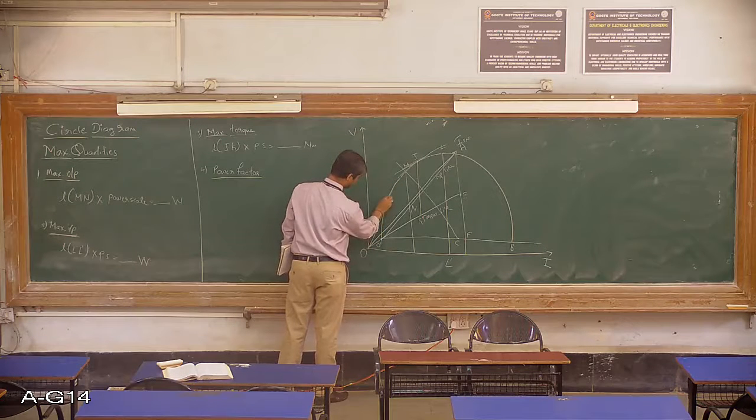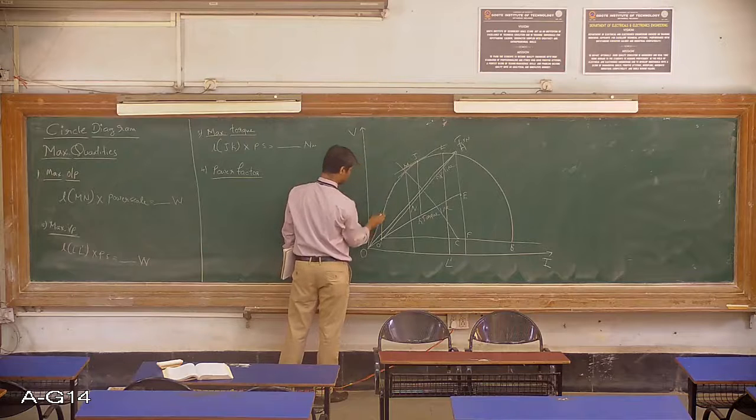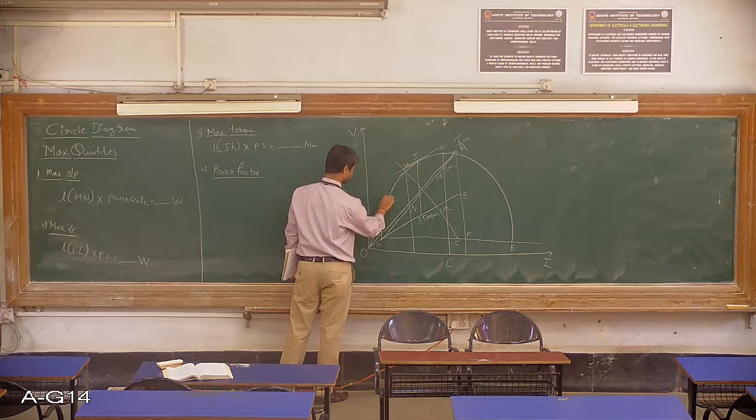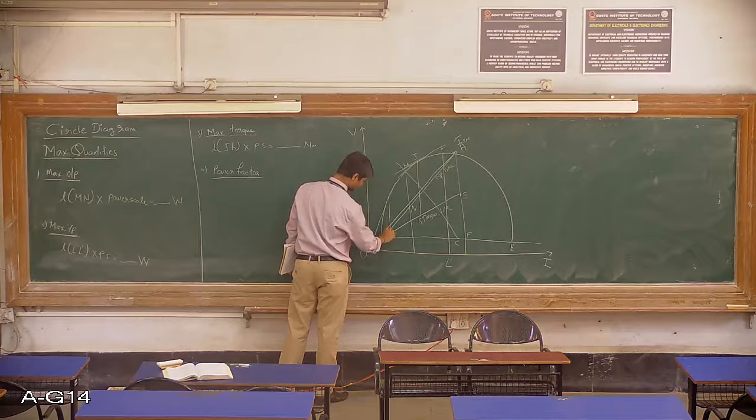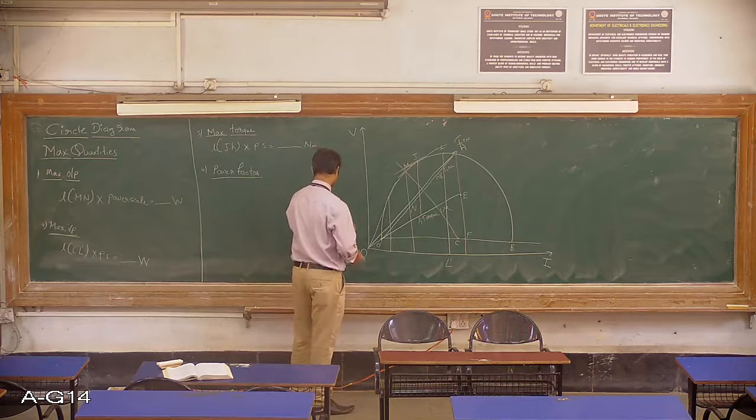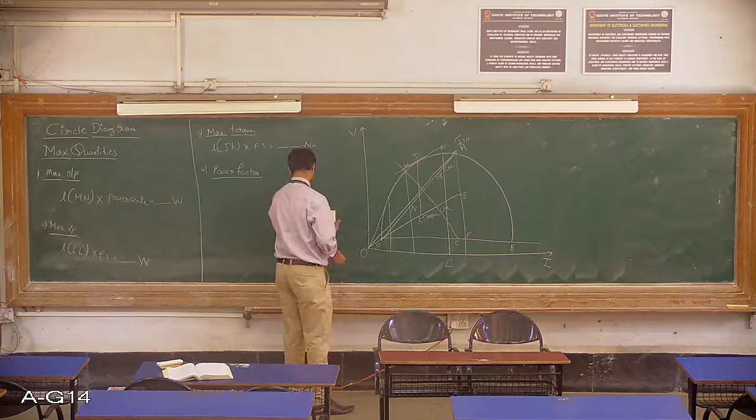This point is the point of maximum power factor. From here, draw a line vertically down till it reaches the horizontal axis, and I'm going to name it point P.